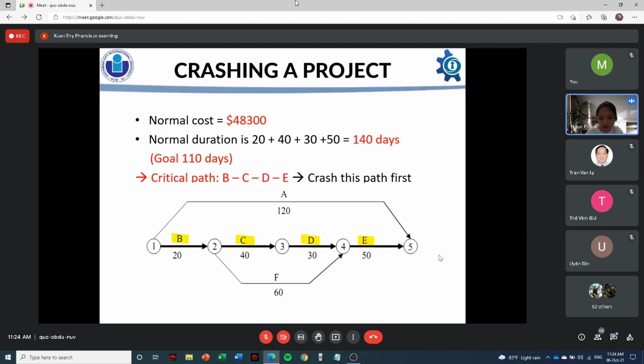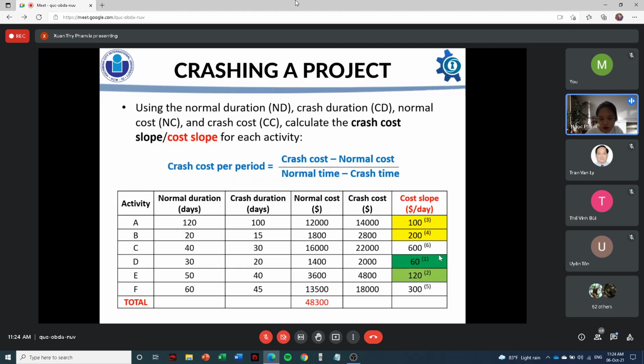And since the normal cost, we just go to the previous slide, please. In order to calculate the normal cost, we just take the sum of all the activity here. So for example, activity A is 12,000, activity B is 1,800. We just take the sum of this column.